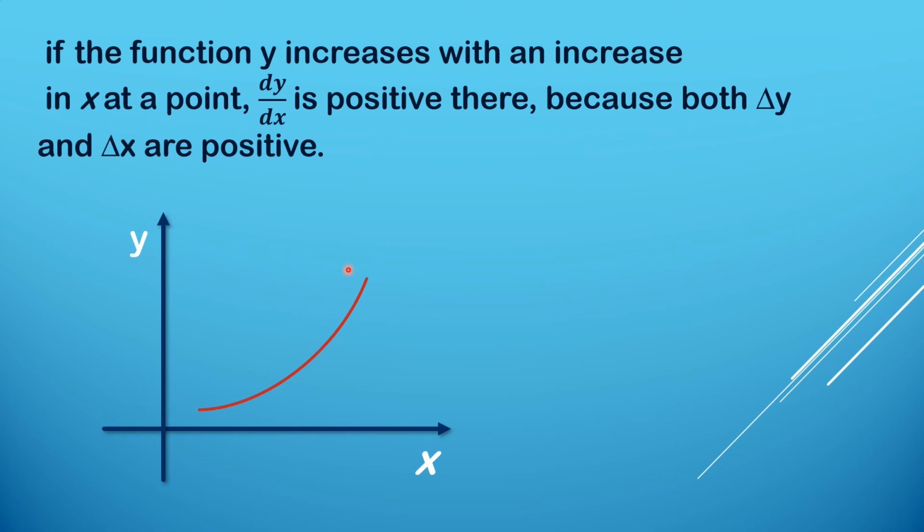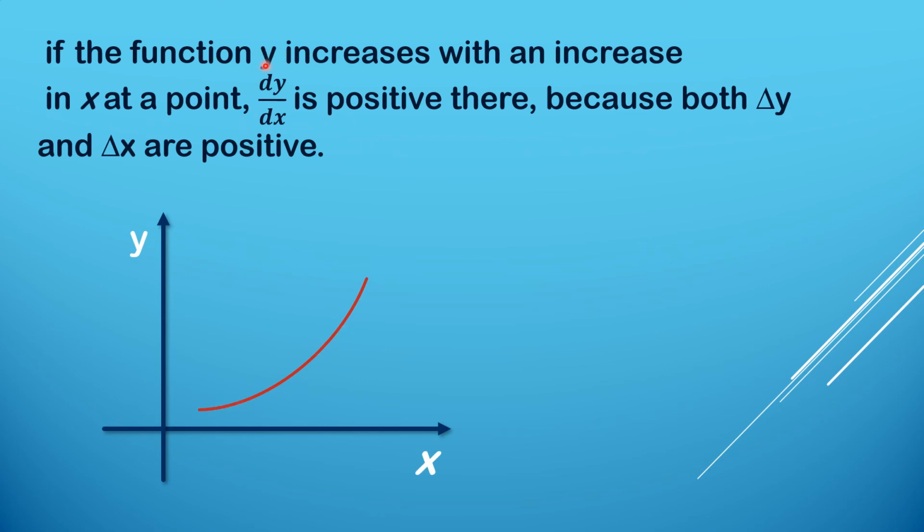So y is in increasing order. So at any point, if I increase x, y also increases. And for this type of phenomenon, dy by dx or derivative of y with respect to x is also positive. The rate of change is also positive.